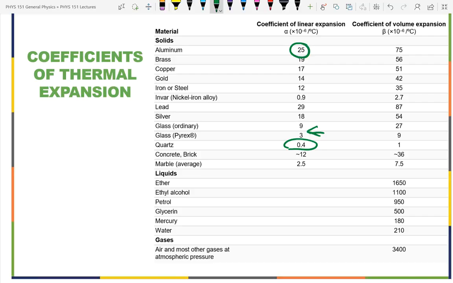But notice Pyrex expands a lot less than ordinary glass, one third as much. That's important. If I take ordinary glass and I have it at the temperature of ice water, and I put the glass from ice water into my boiling water, what's going to happen to that glass?